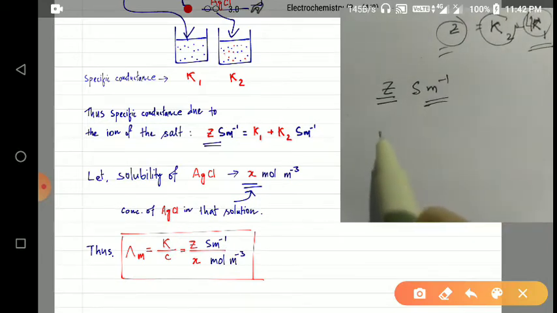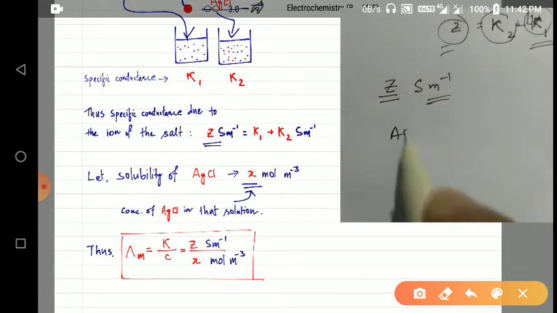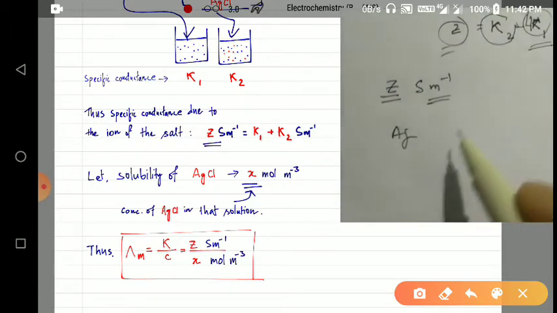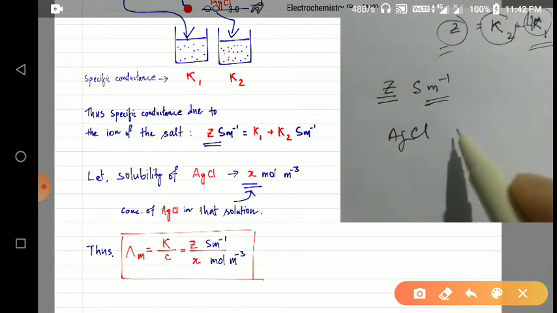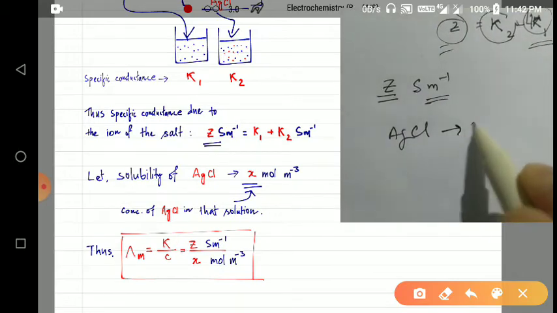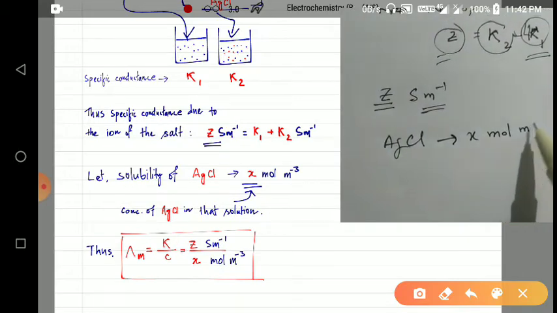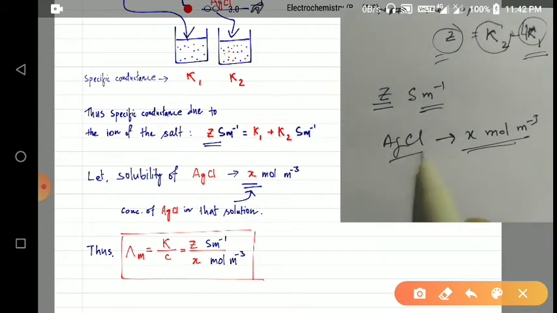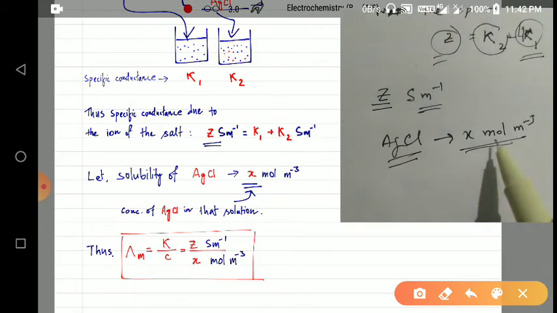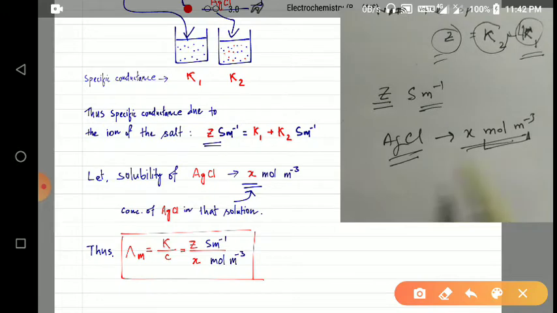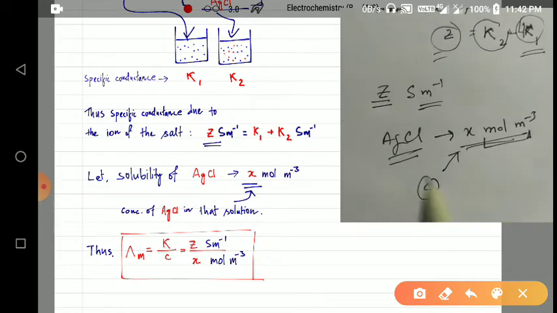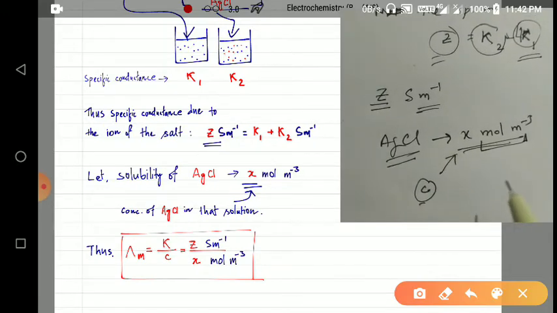Suppose the solubility of the silver chloride solution is X mole per meter cube. Moles per meter cube means concentration, so the concentration will also be X mole per meter cube.